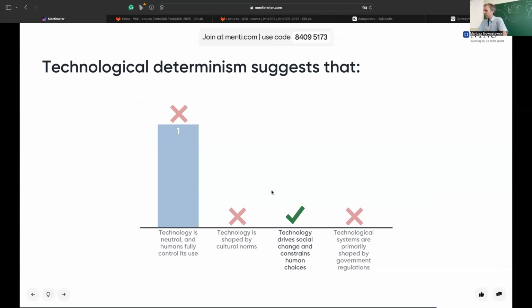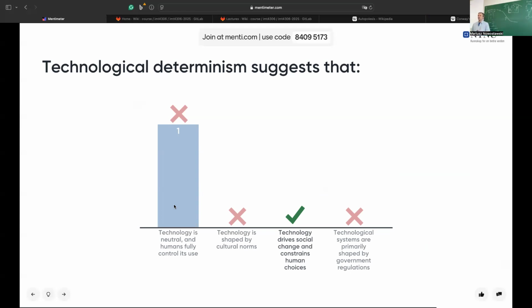Are you leaning more towards technology determinism or more towards the technology is neutral? I think I lean more towards definitely people determinism. But yeah, I think there is a certain truth that the technology does dictate some of the choices and shapes us.